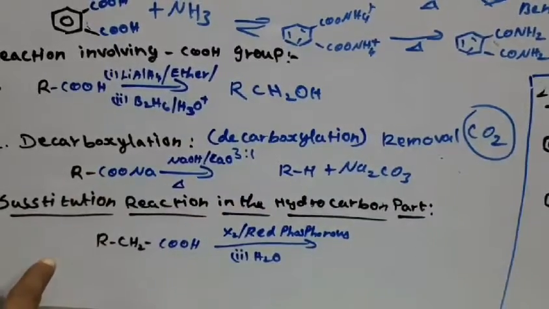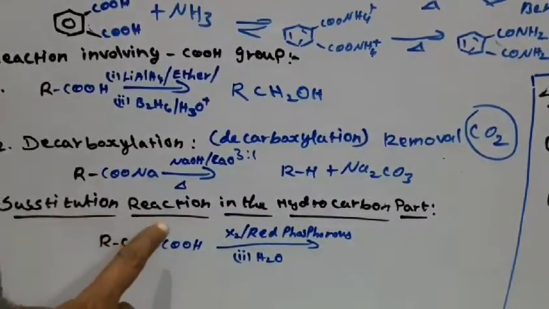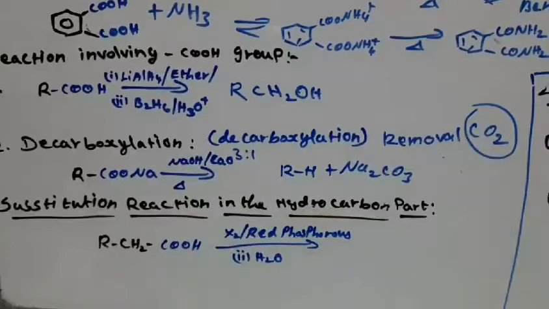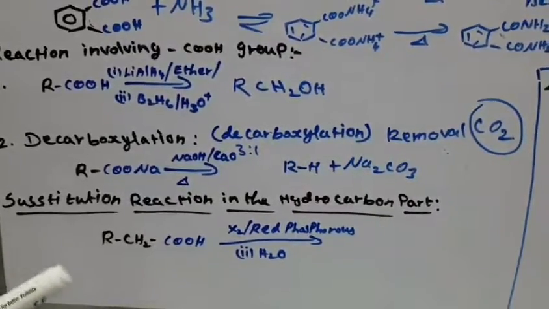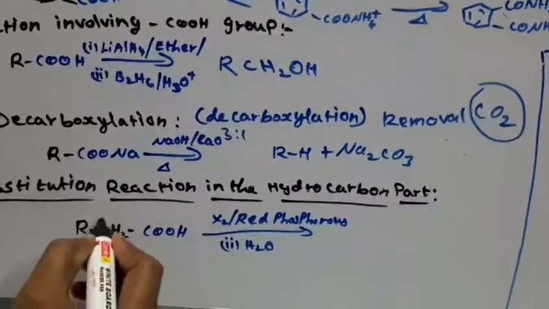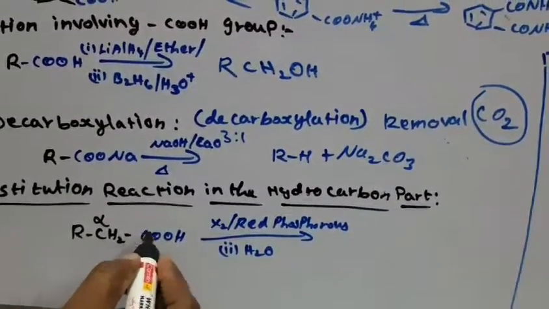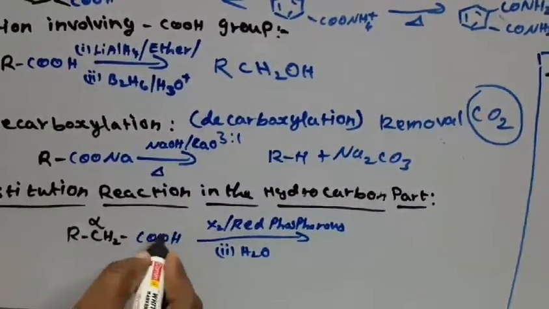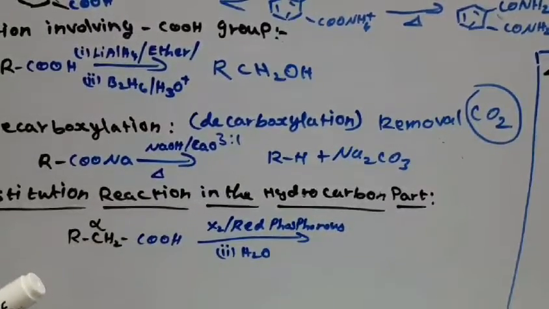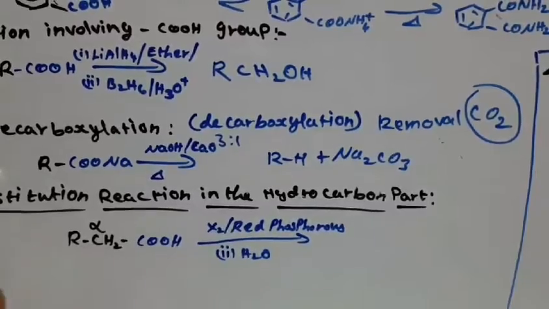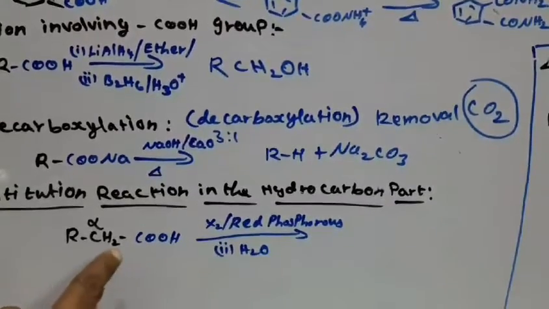Okay, and the last one, substitution reaction in the hydrocarbon part. Here you see the acid contains alpha hydrogen atoms. The carbon nearest to the functional group is the alpha carbon, containing alpha hydrogen atoms.